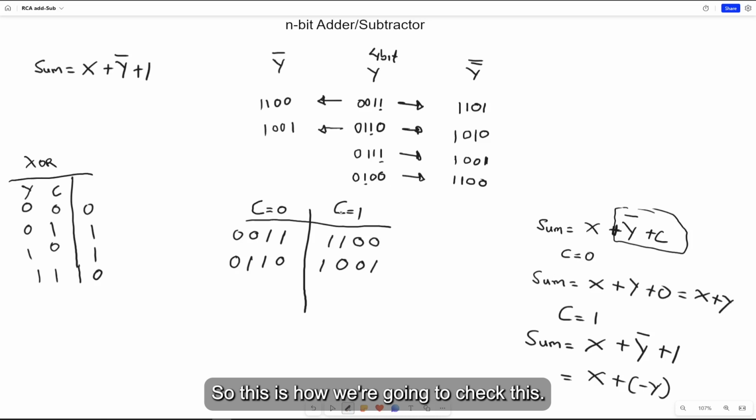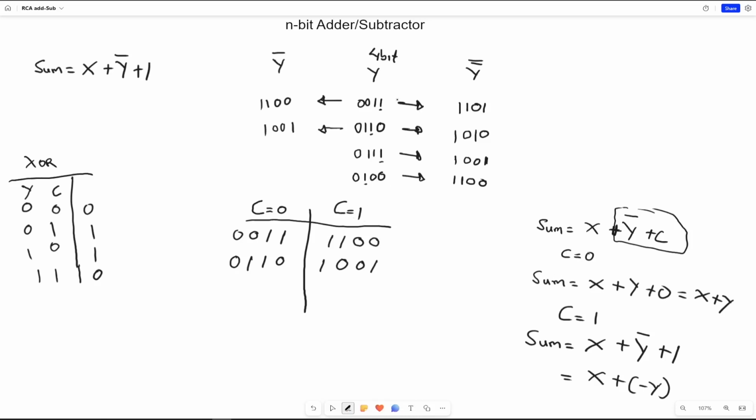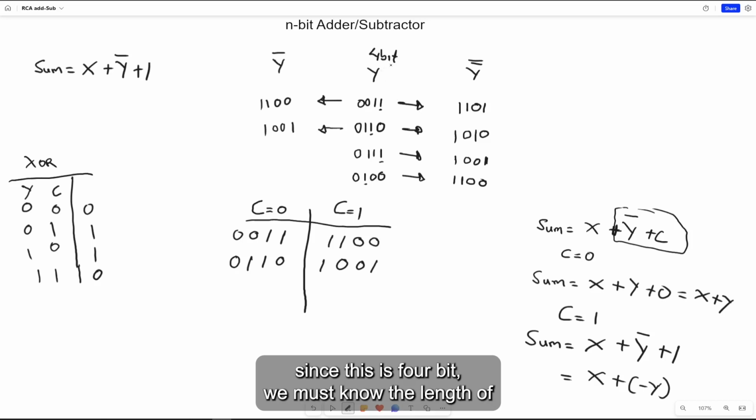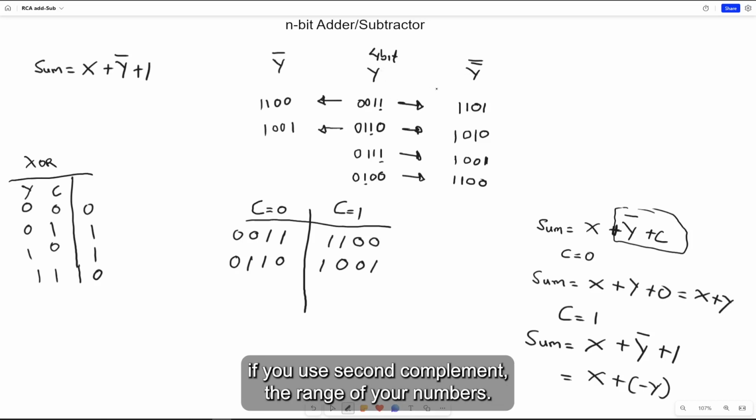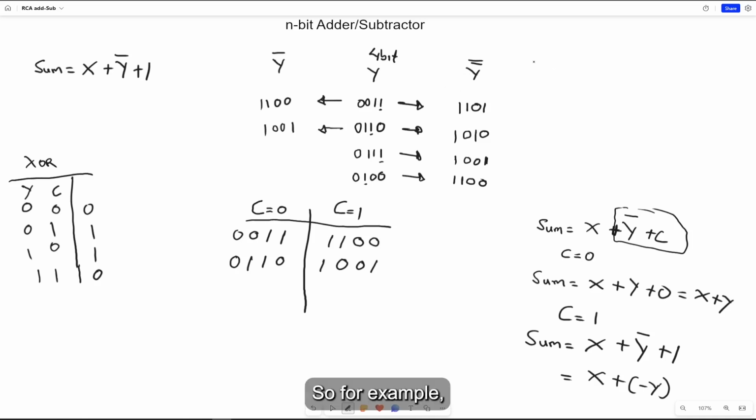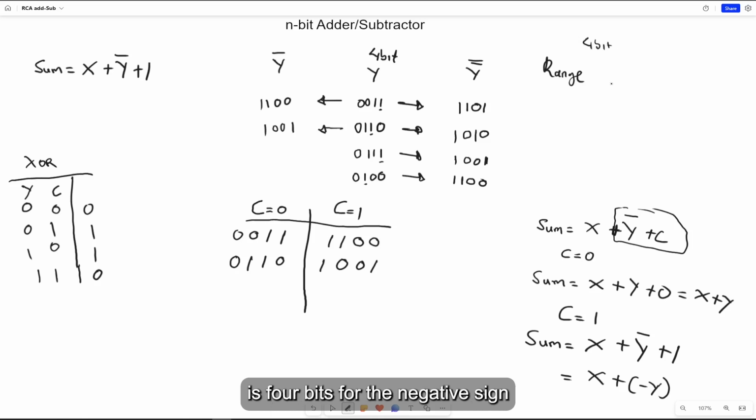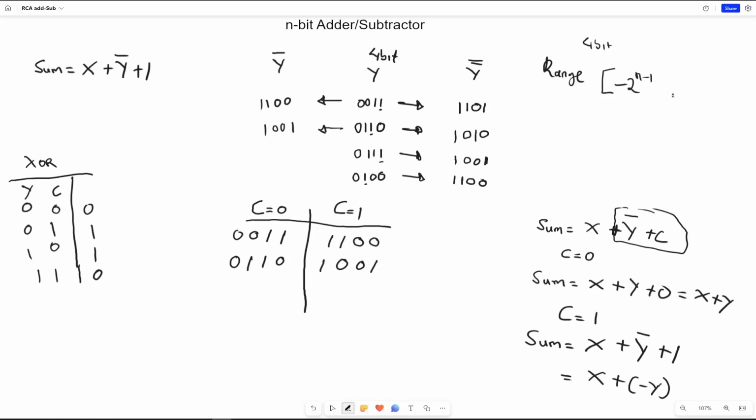So this is how we're going to do it. And then one thing I want to mention: since this is 4-bit, if you use second complement, we must know the range of your numbers. For example, the range of a number, if n is 4-bit, for the negative is minus 2 to the power of n minus 1, and for the positive is 2 to the power of n minus 1, minus 1.